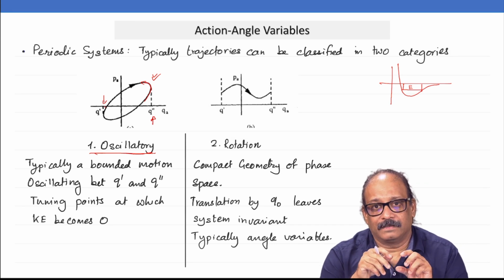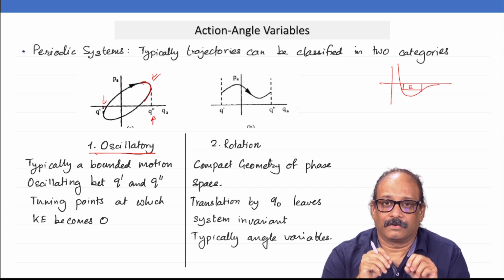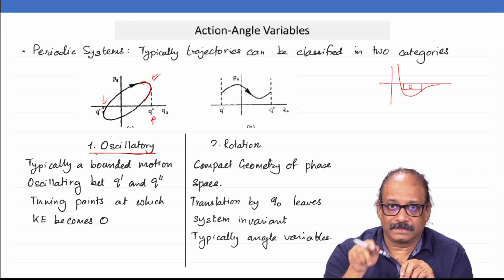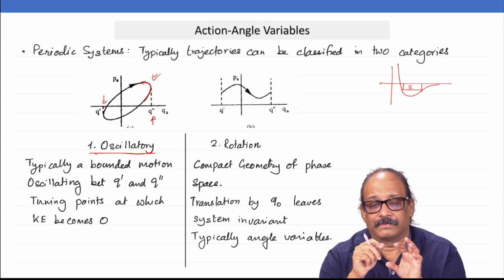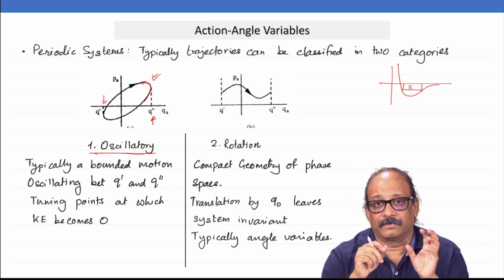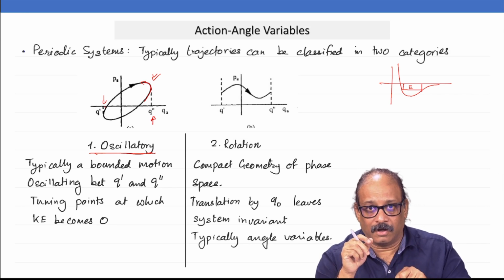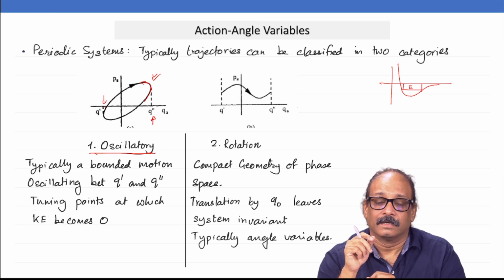By compact, I mean the canonical coordinate is like an angle which repeats itself after 2 pi. Remember, when I was talking about the geometries of the configuration space, you get a compact geometry. That means along the theta direction, the geometry is like a closed circle.